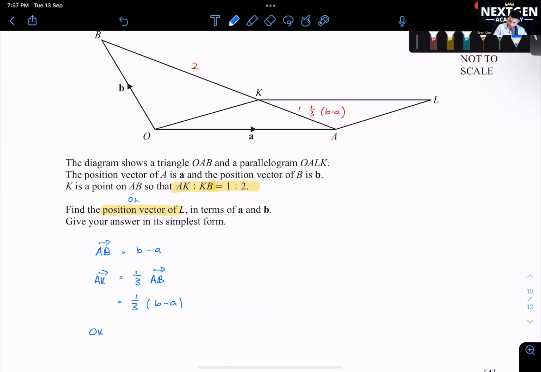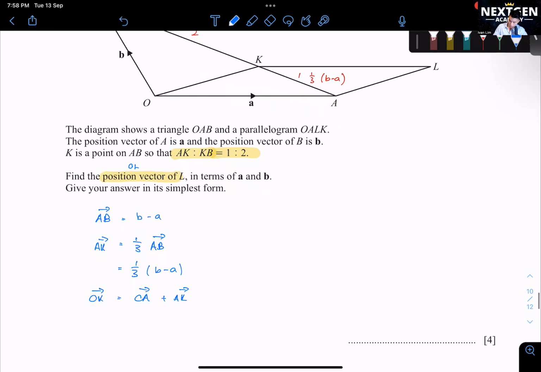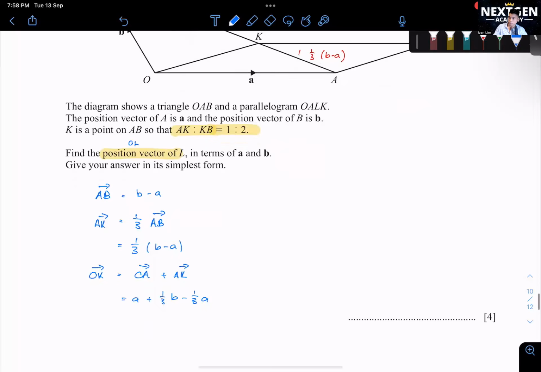So OK is equal to OA plus AK, which is a plus 1/3 b minus 1/3 a, which you will get 2/3 a plus 1/3 b.